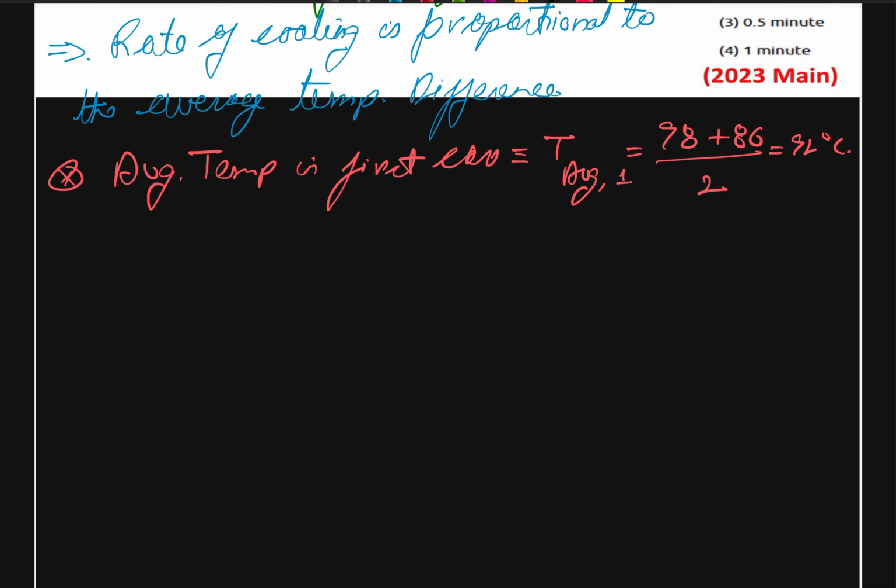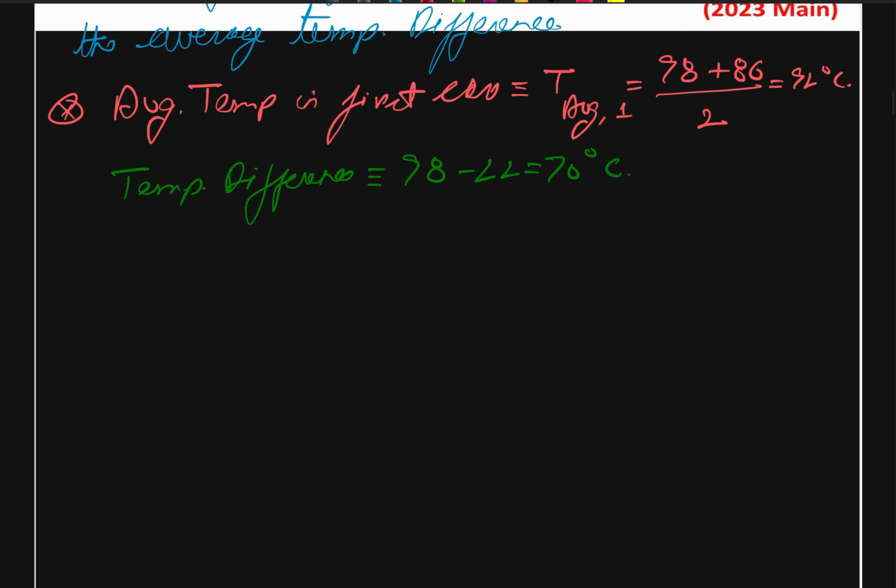And the temperature difference will be 92 minus 22, that is our room temperature, which is equal to 70 degree centigrade.